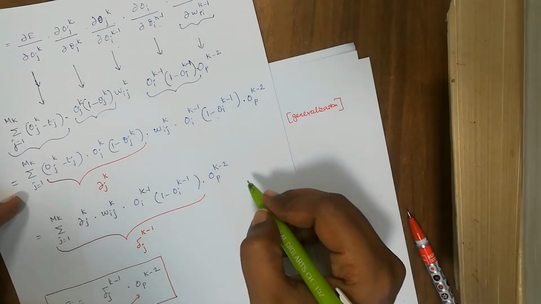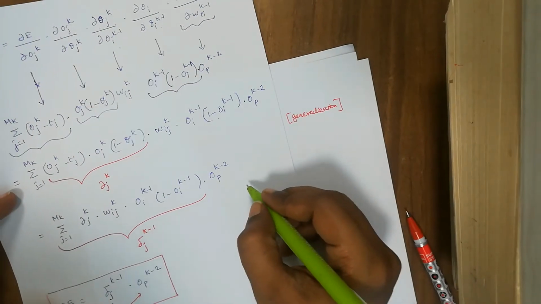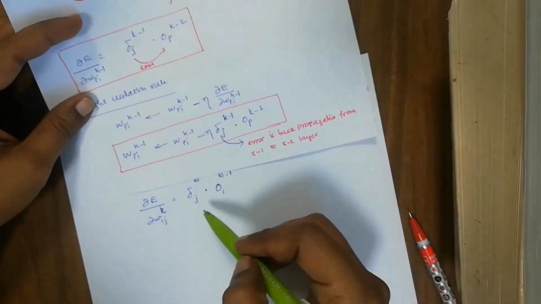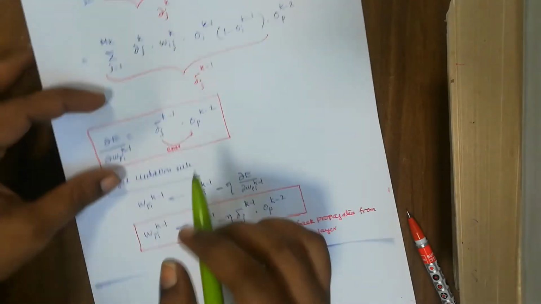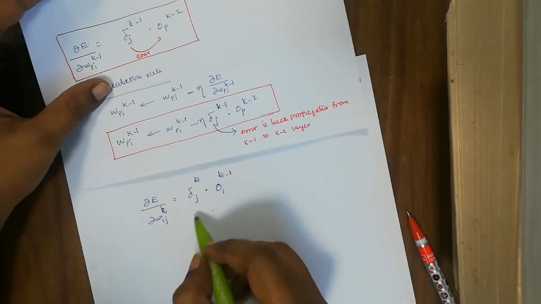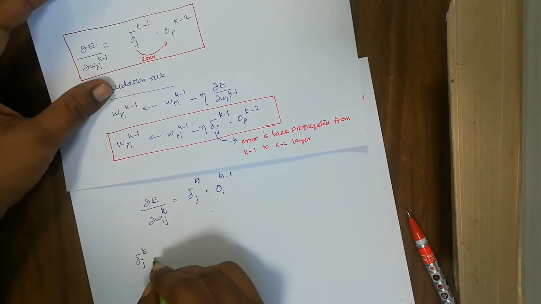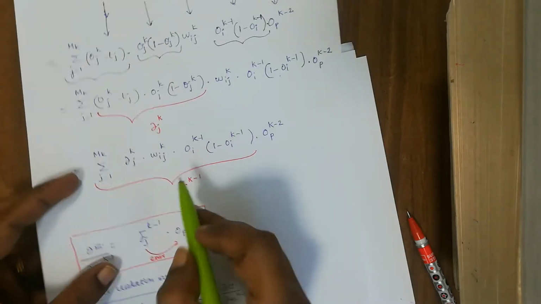We have rewritten from this result. Now I can write what is del jk from this.